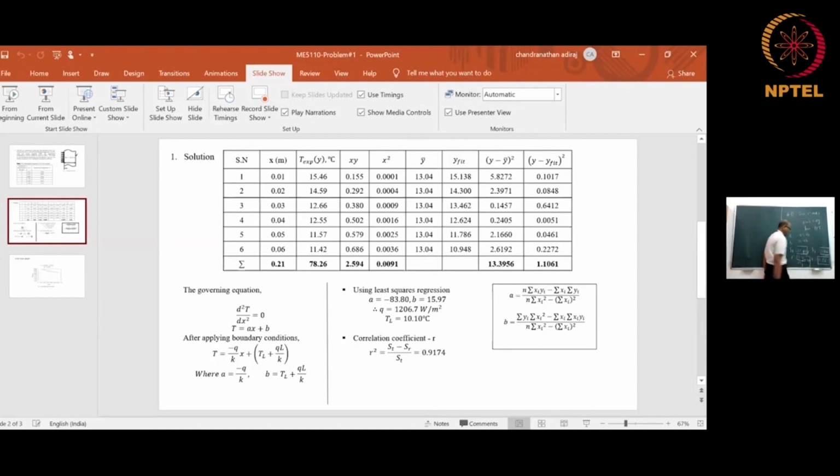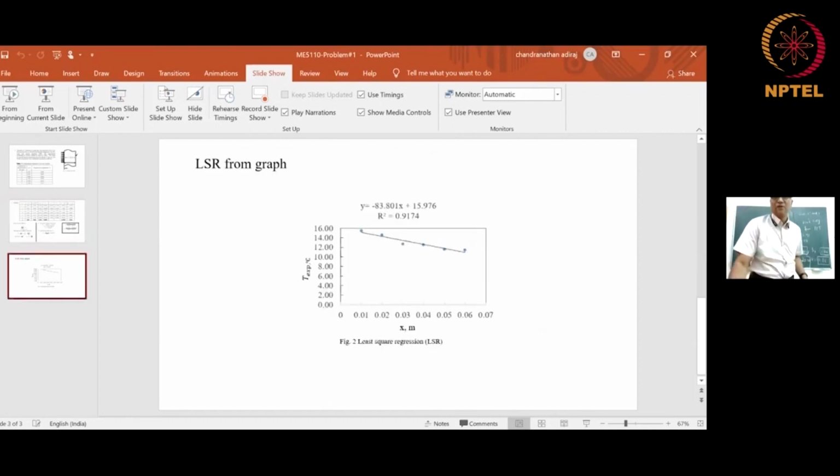How much is it? I'm just doing it casually. What is the value? 0.958. 96. Okay. So 96% is not, you're not badly off. Fine. So all of you should try to complete this, and you should get the R squared and the R and take the problem to its logical conclusion.